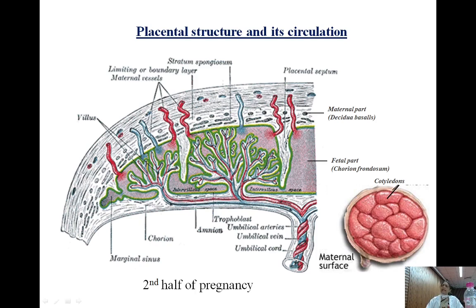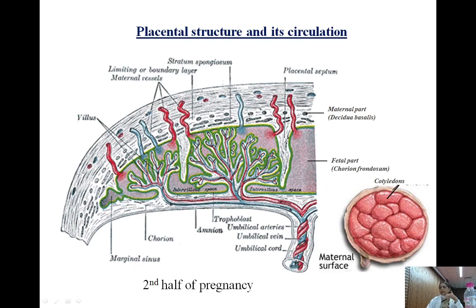Then that fetal vein, here they have made it blue, but actually it should be red because it carries oxygenated blood, and that blood then enters into the fetus. From the fetus, again the deoxygenated blood comes through the umbilical artery and enters into the chorionic villi, and ultimately it will be drained into the endometrial vein.